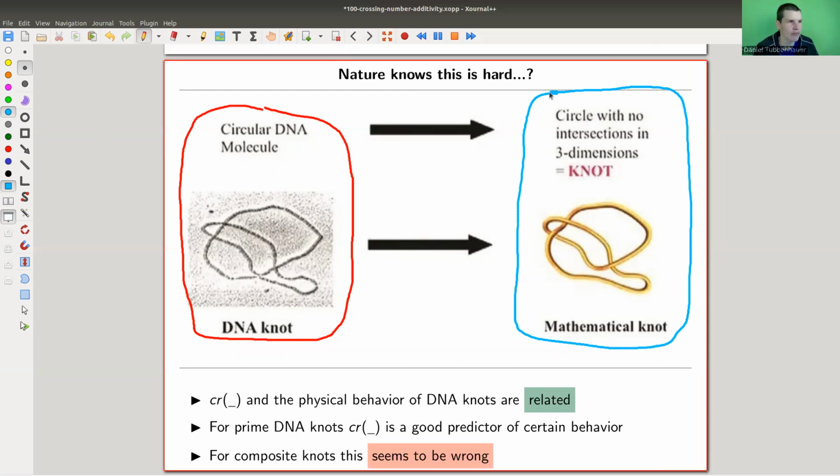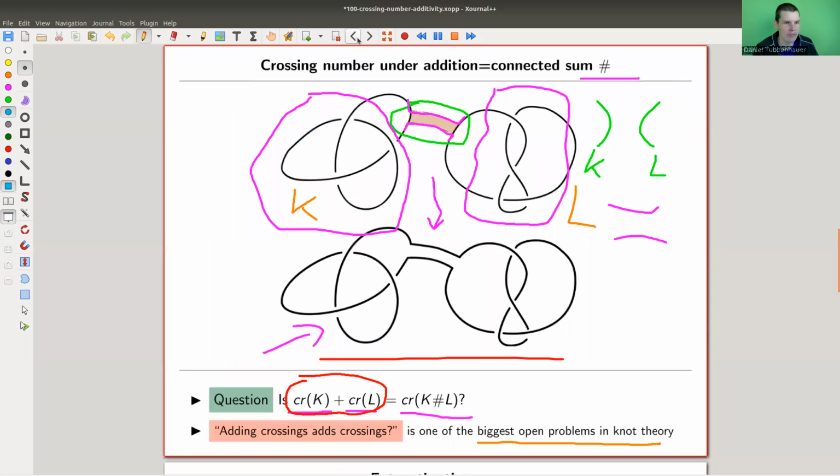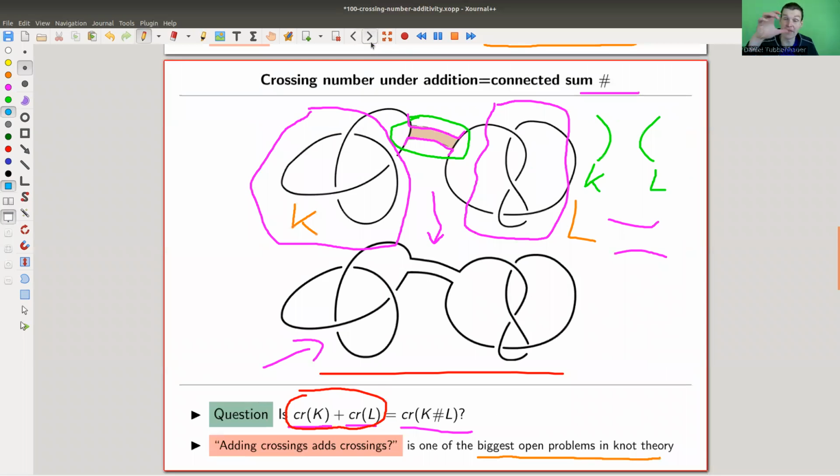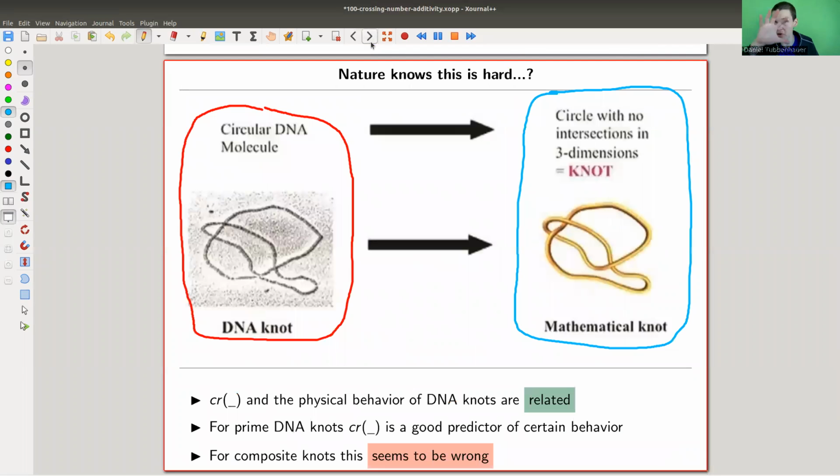I already had, remember, proteins on my first slide. Proteins is another example where the knotting structure of the molecule really counts. Here's another one for DNA. It makes a difference how DNA lies in space, and how do we measure how it lies in space? Well, it's a knot, and we apply methods from knot theory.